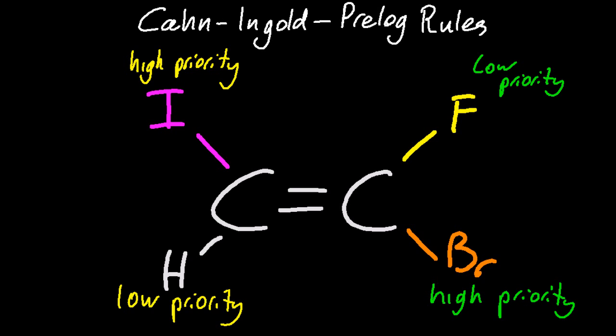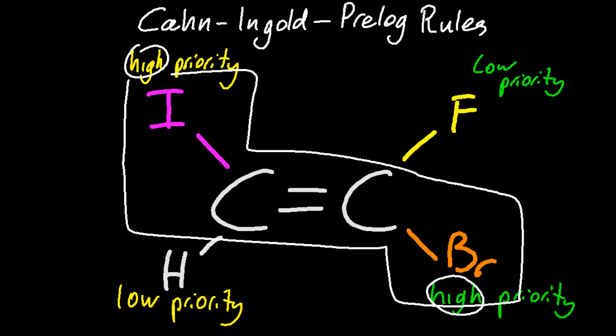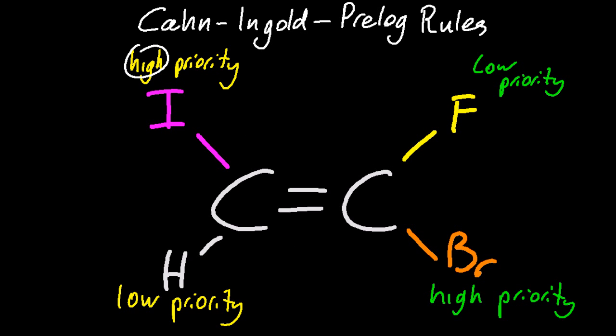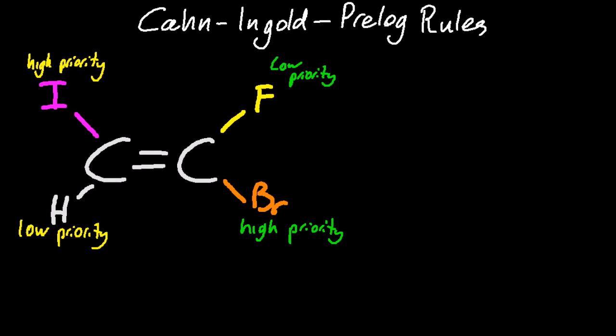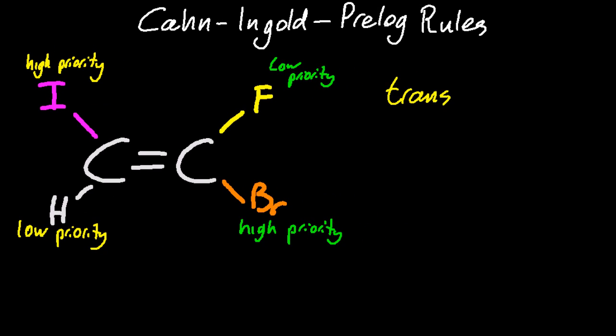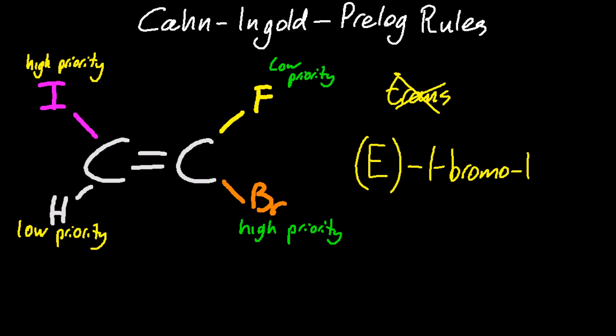Now looking at those 2 high priorities, I would say that is trans. Now we're not using trans, are we? Trans has now become, in this case, E. Doing it alphabetical, bromo is ahead of fluoro, is ahead of iodo, gives me that name for the compound.